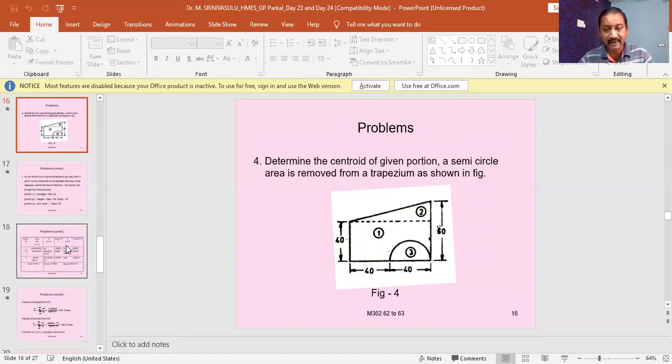This is the description of the figure. Now you can draw this figure and then divide it into the known standard areas.